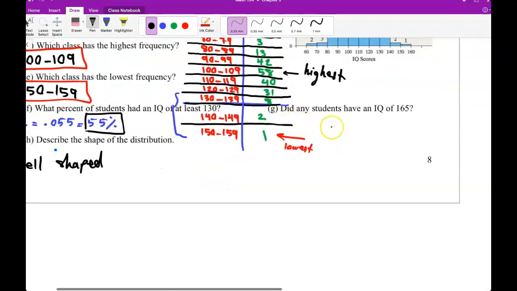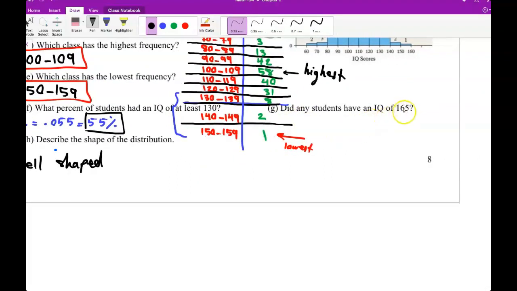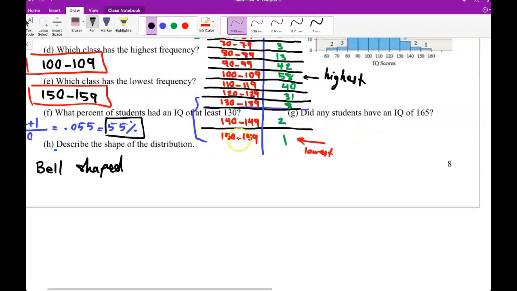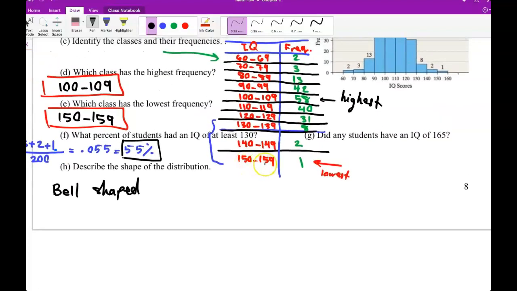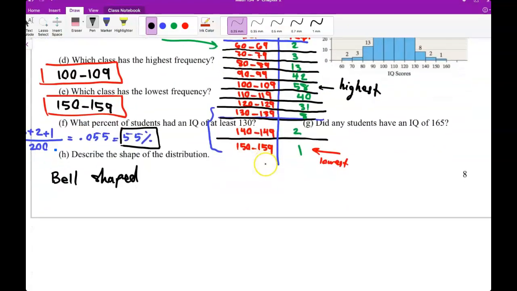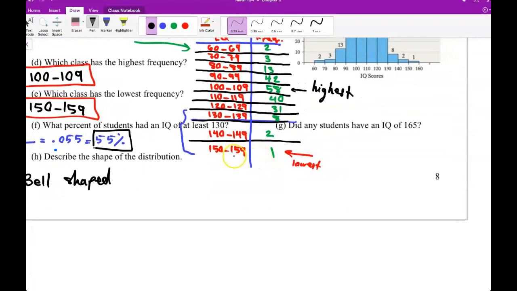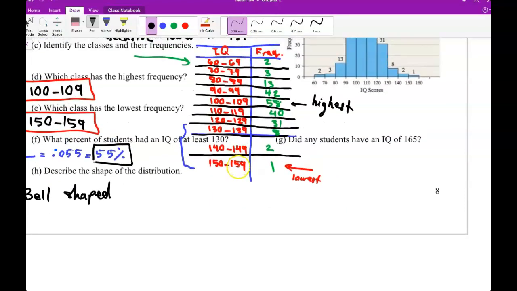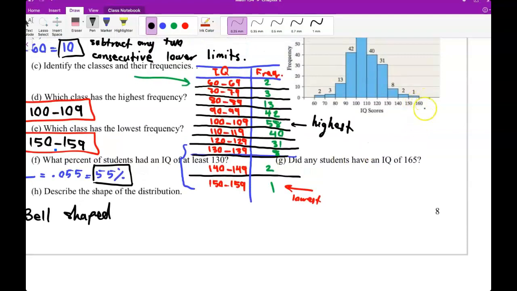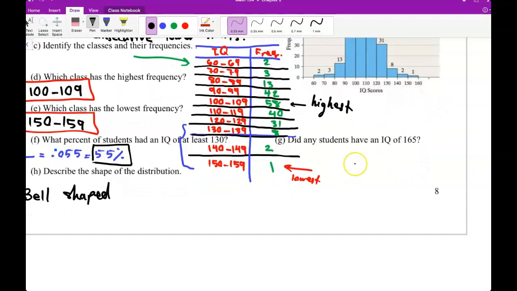Part G, did any students have an IQ score of 165? These classes are 150 up to, so the highest one that we have here is 159, because that is 160. And we stop here. We don't have 165. IQ score 165 is not here.